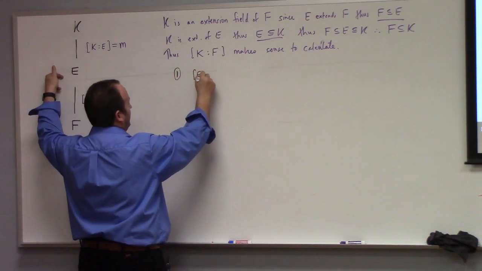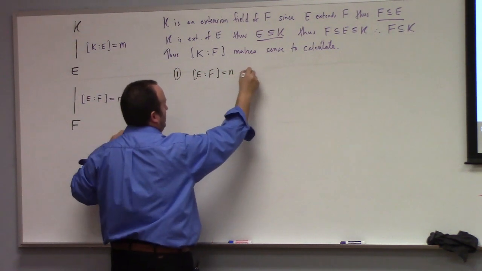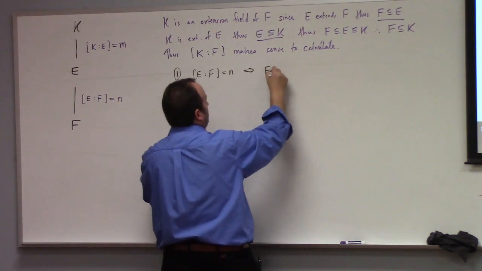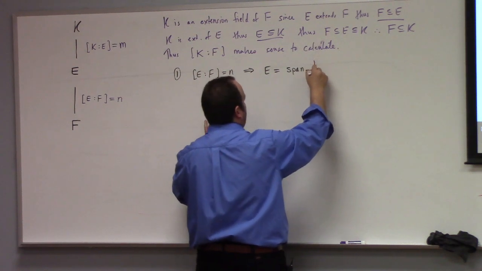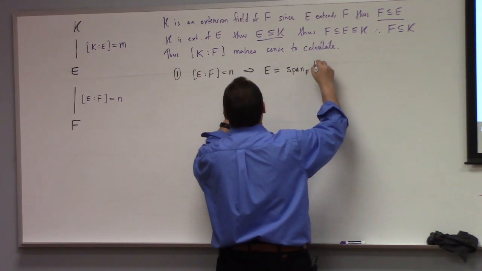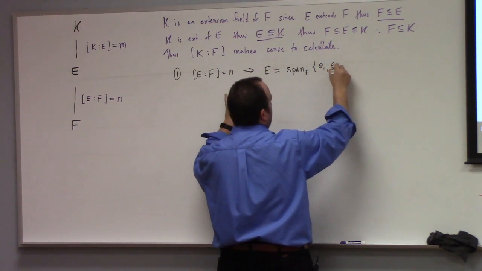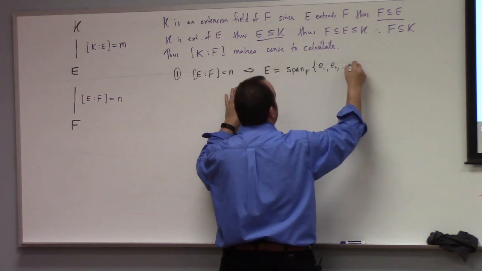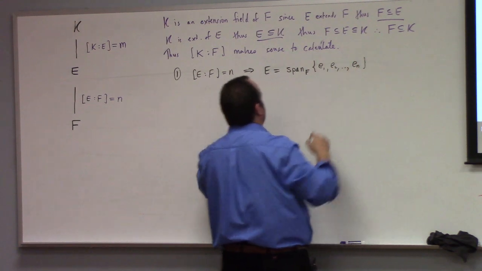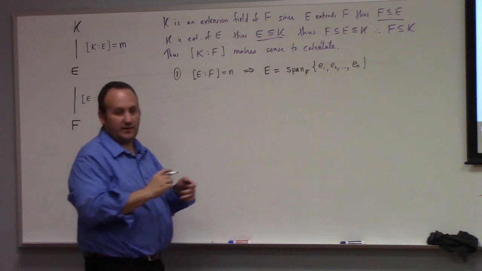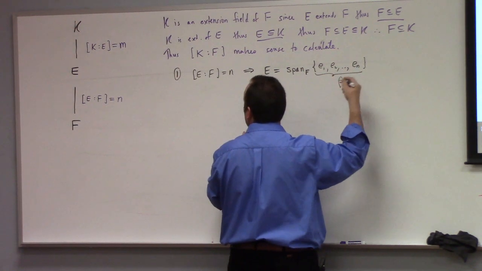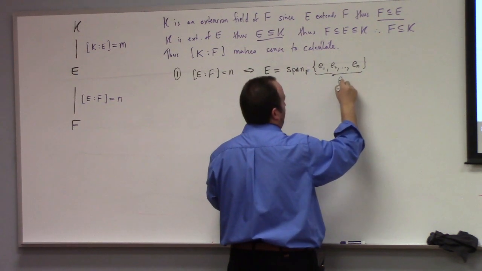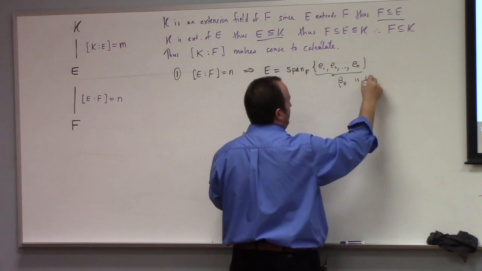The degree of E over F being n means that E is equal to the span over F of, let's say, e1, e2, through en, where we call this beta sub E for lack of imagination, and it is linearly independent over F.